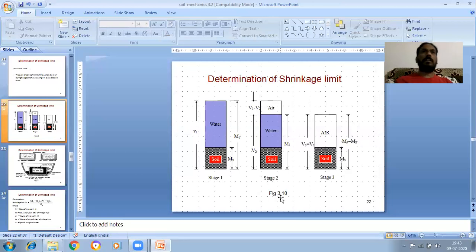How? The dry soil sample is immersed into the mercury, which is filled up to the top. When we immerse our oven dried soil sample, some mercury will overflow. The overflown mercury is collected in another container.